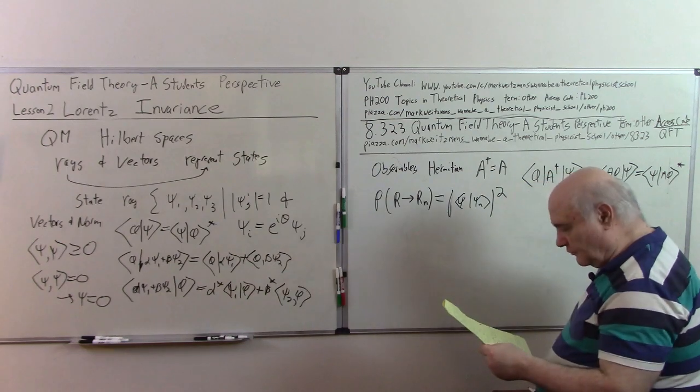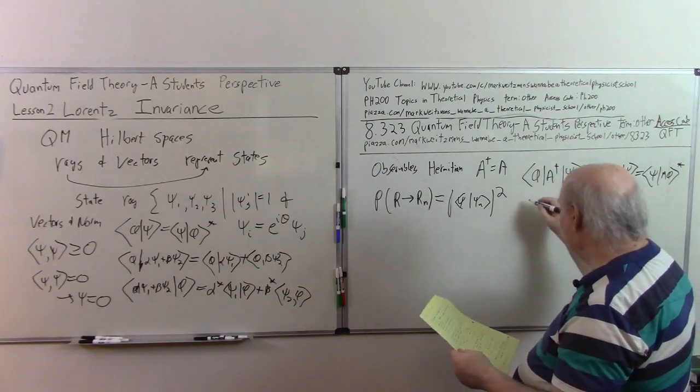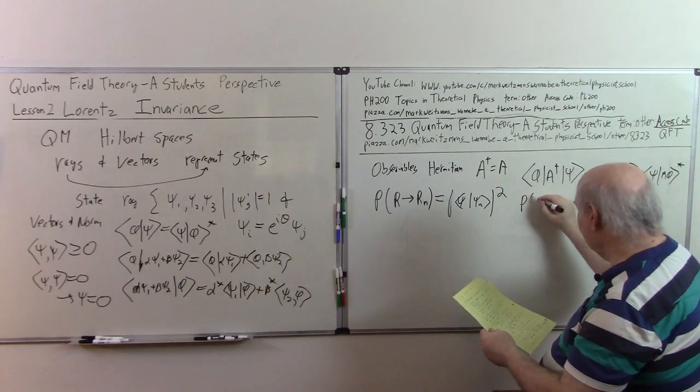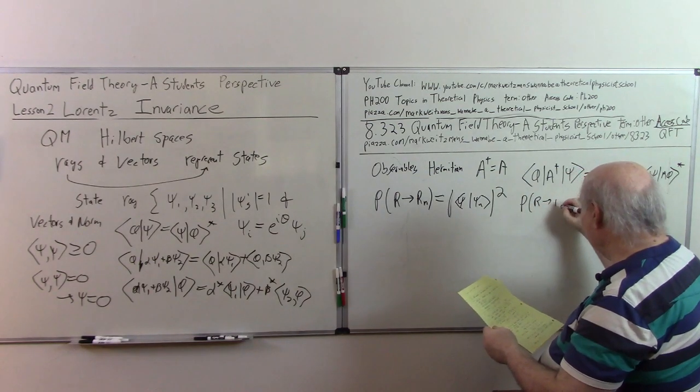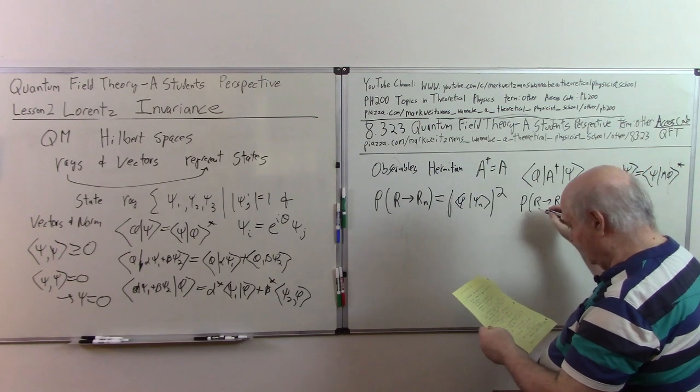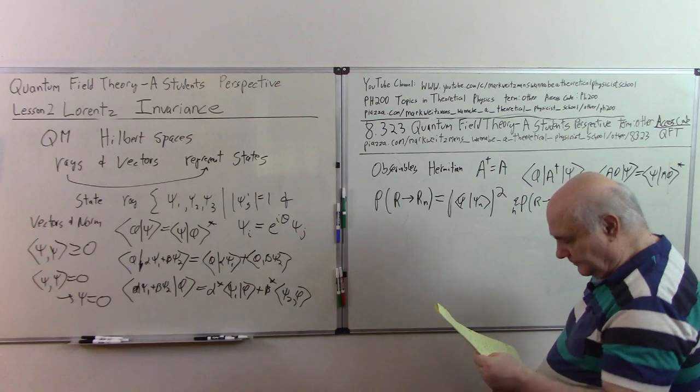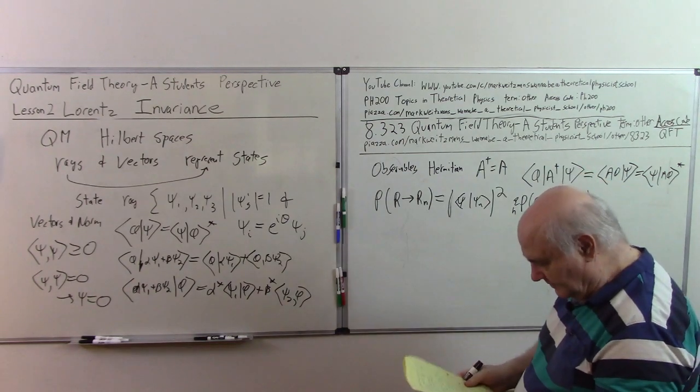This is our usual Born rule. And let's say Rn is an orthogonal basis here. I'm leaving out some obvious things, but the probability that R goes to Rn, if we sum over all n, is equal to 1. So we've got to be somewhere.